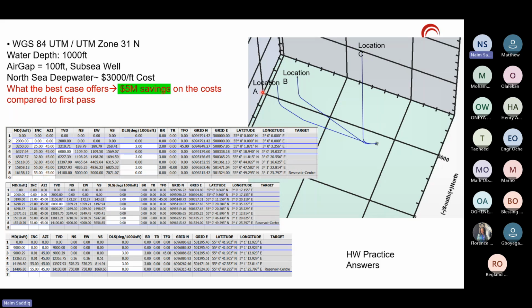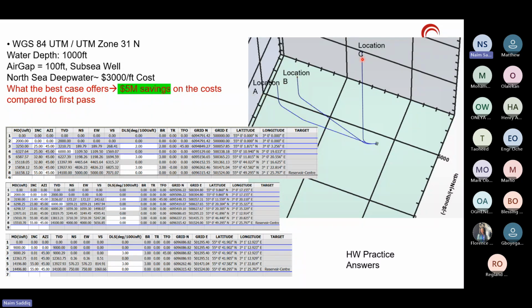And for this location A, I told them, can we bring the location close to the target so that we can reduce the footage and don't have to drill so much, still keeping the constraint? Inclination will still be 55 and 45 for the azimuth. They said, yes, go ahead. We are just planning. We improved it in two steps.